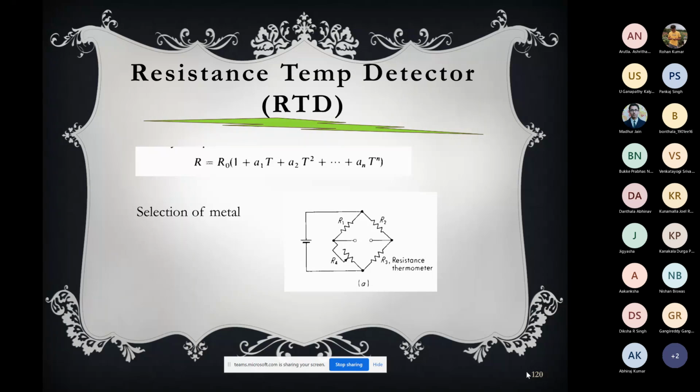Why? Because there are some desired properties which are to be satisfied one by one to become a potential candidate for a resistance temperature detector.